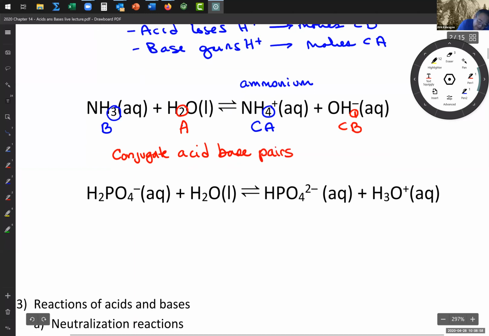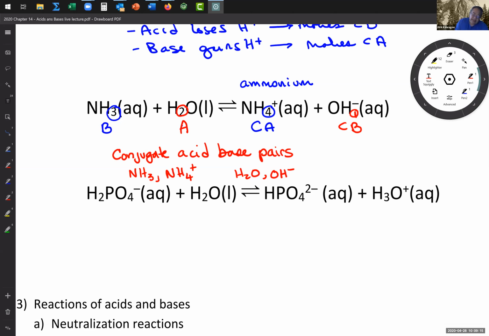Those would be NH3 and NH4 plus. And then it would also be H2O and OH minus. So we refer to those as conjugate acid-base pairs, even though sometimes we list it as base and acid. It doesn't really matter.